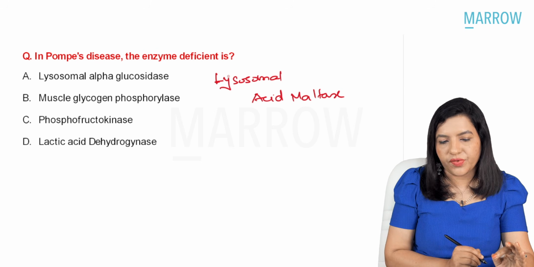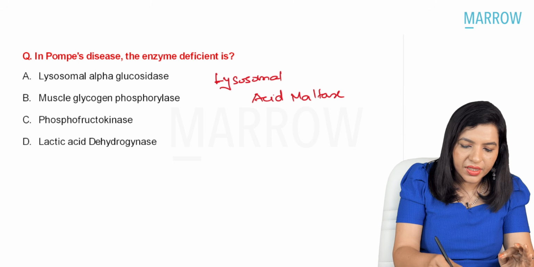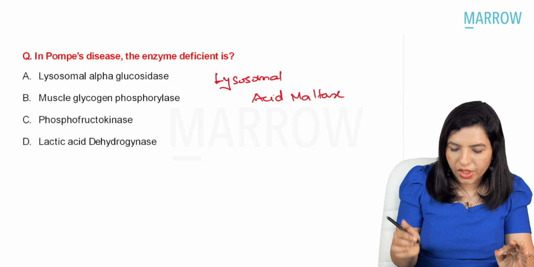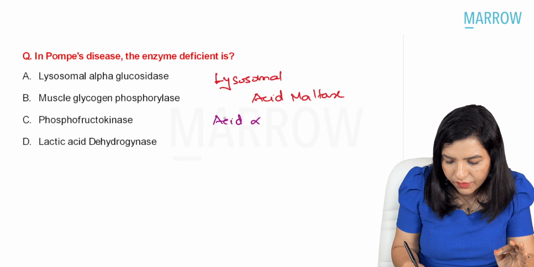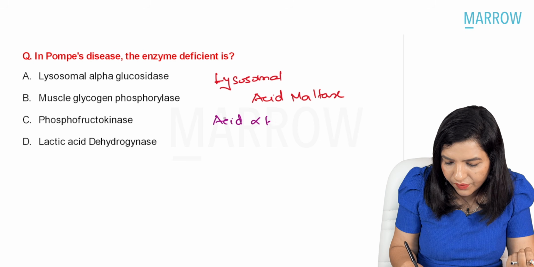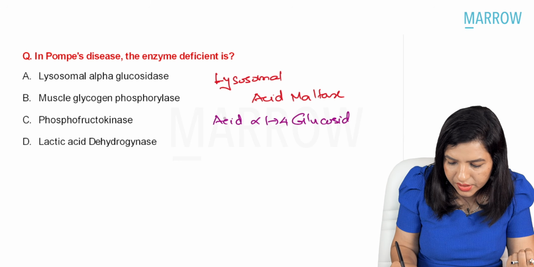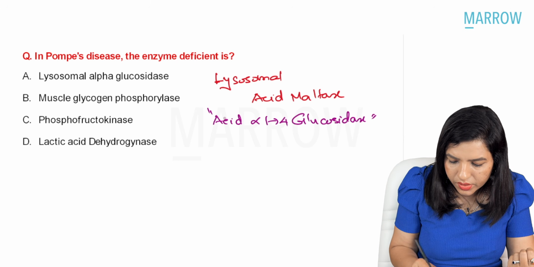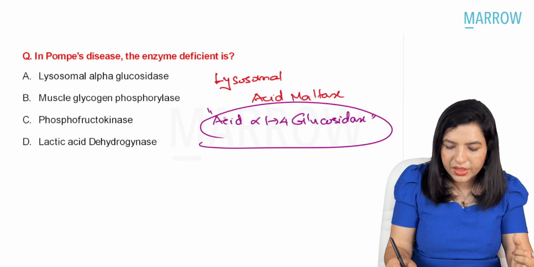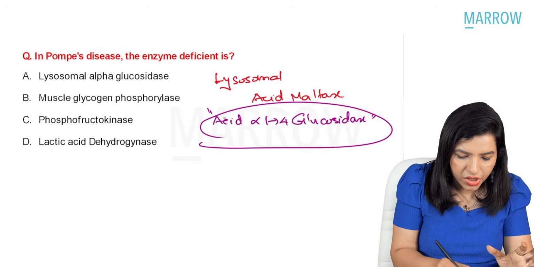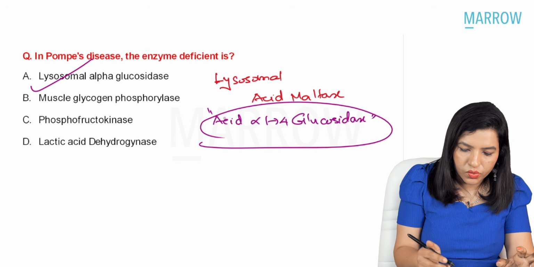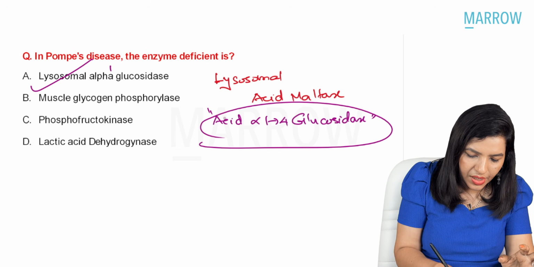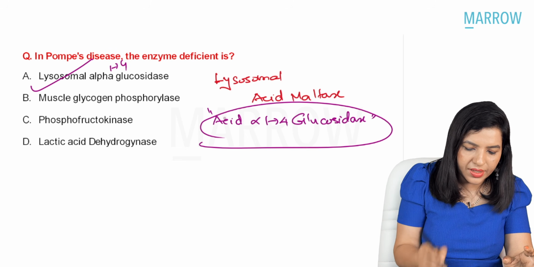This is the enzyme defect, but the same enzyme has one more name, and that is lysosomal acid alpha 1,4 glucosidase. So the same enzyme, and here acid maltase is not given in the options. Alpha glucosidase is asked. This is actually alpha 1,4 glucosidase. So the answer here is 1.